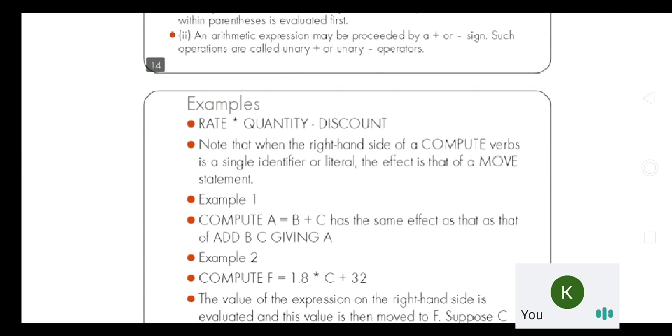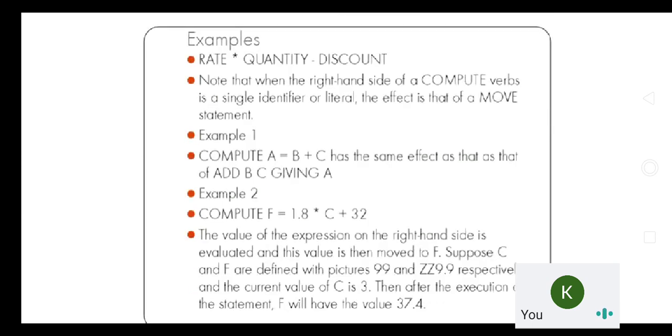And we have examples over here. First we discussed the introduction to the compute verb. Next we covered some rules to be followed for the compute verb, and then here we have some examples. The first example is rate times quantity minus discount.